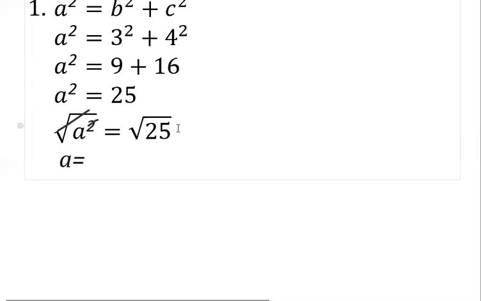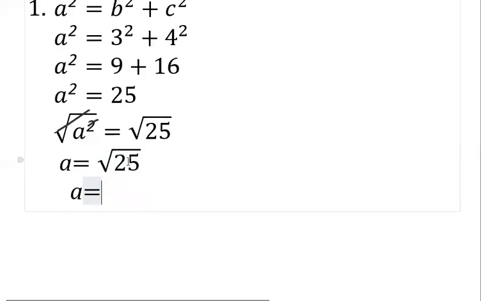Awesome. So with this, we can now say our a, if we get the square root of 25, which number are we going to multiply two times that will give us 25? That's 5. So our hypotenuse is 5. That is our final answer.